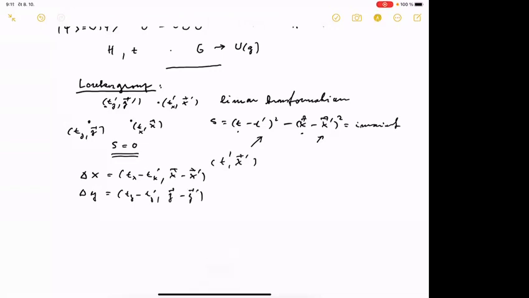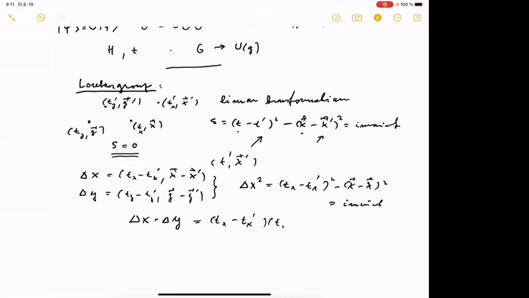It is an easy exercise, and you will probably do it during the seminar, that provided delta x squared, which is just (t x minus t x primed) squared minus (x minus x primed) squared, is conserved, that means if this is invariant, then also delta x times delta y, which is nothing else but (t x minus t x primed)(t y minus t y primed) minus (x minus x primed)(y minus y primed), the scalar product, is invariant.